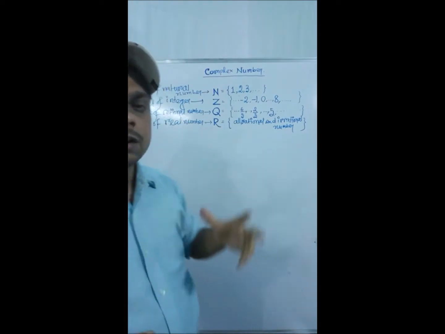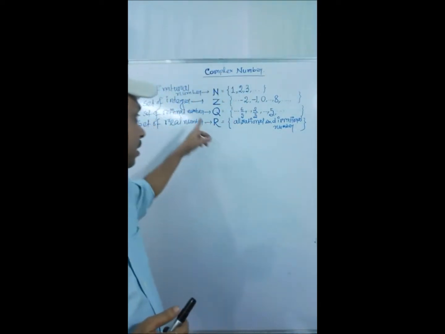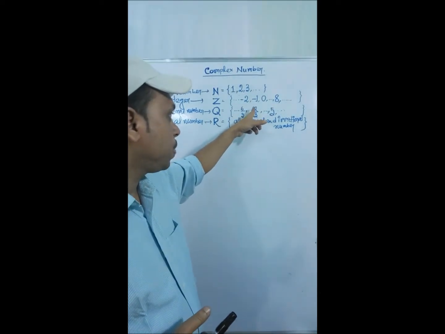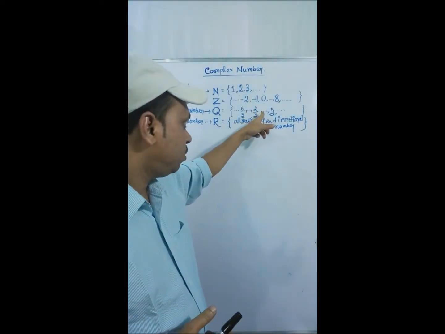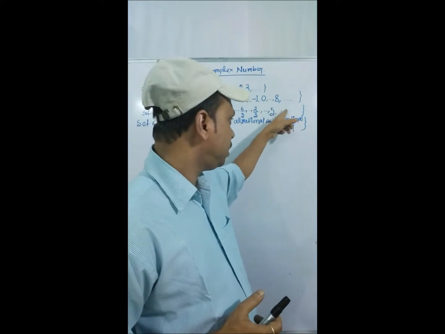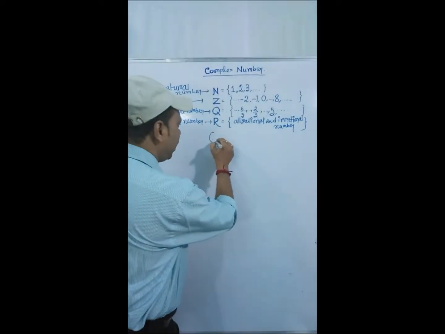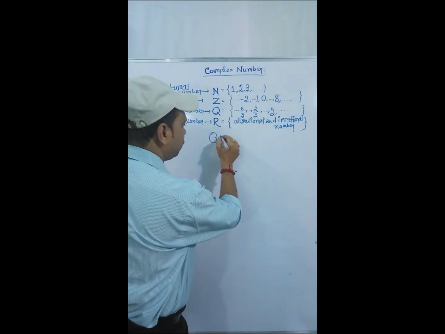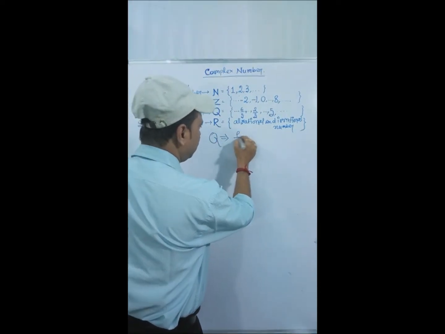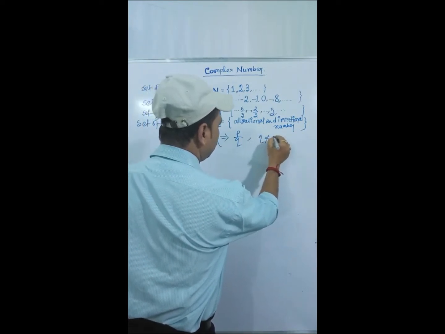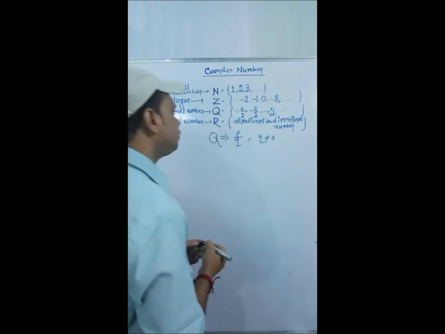The set of rational numbers is denoted by Q, where Q equals ... 6/5 ... 2/3 ... and so on, where Q is defined in the form p by q, but q not equal to 0.